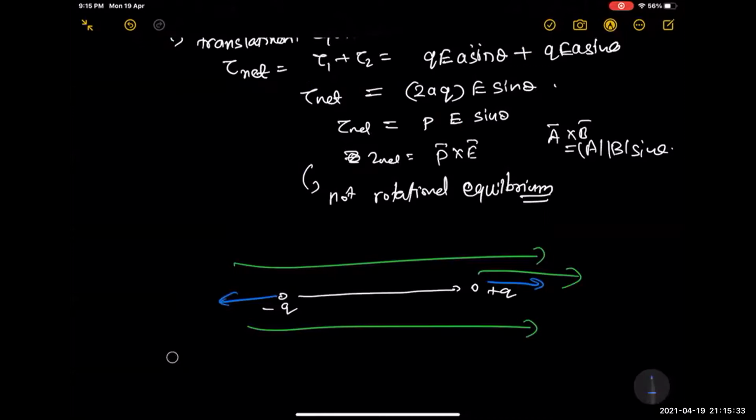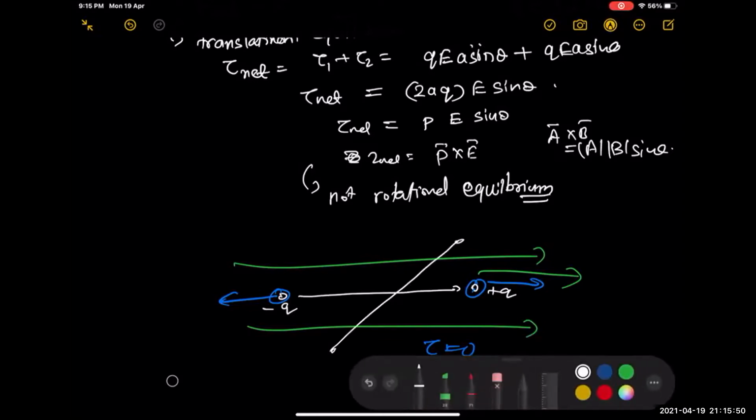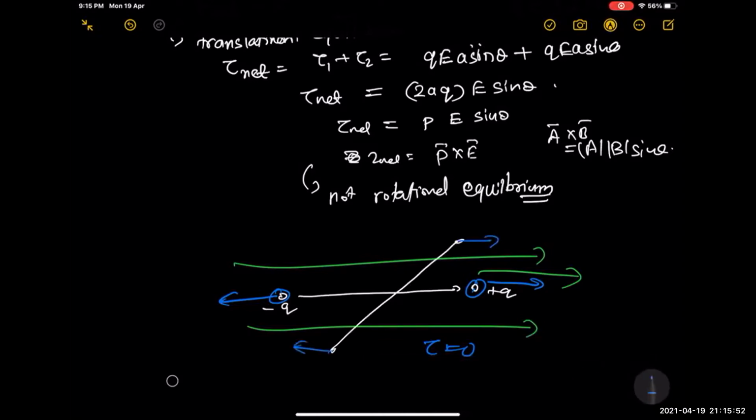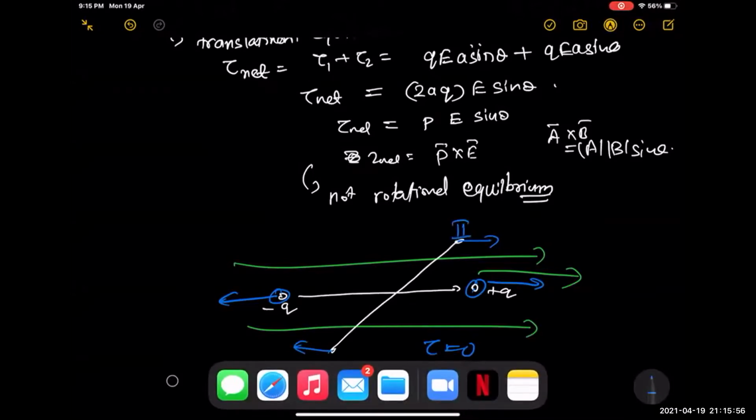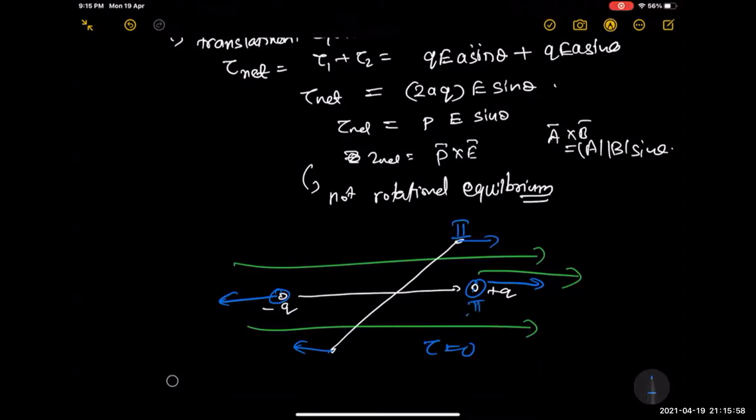So in this case, the torque is also zero, because there is no rotation tendency, as both are pulled straight away. But if the dipole is at an angle, the forces will be like this, and it will try to come in. So if the dipole is in orientation 2, it wants to come into orientation 1.